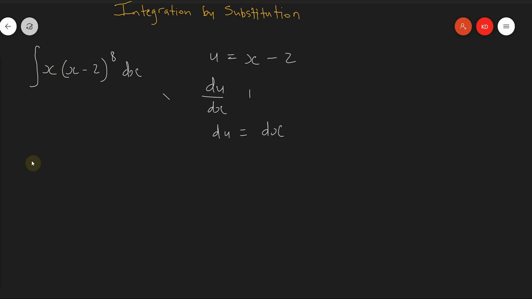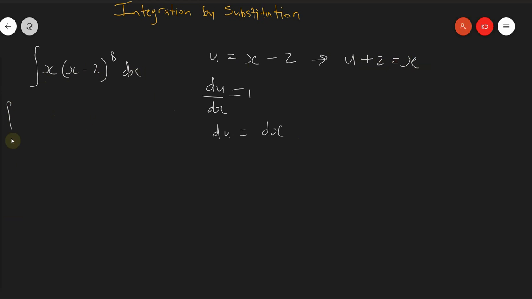Now, if we look here, we can see that x is actually equal to u plus 2, right? So therefore we could switch out the x here for u plus 2, and x minus 2 for u, and dx would just be du.